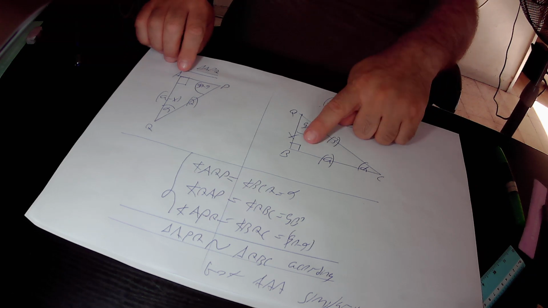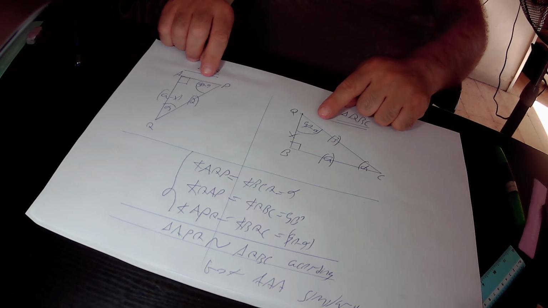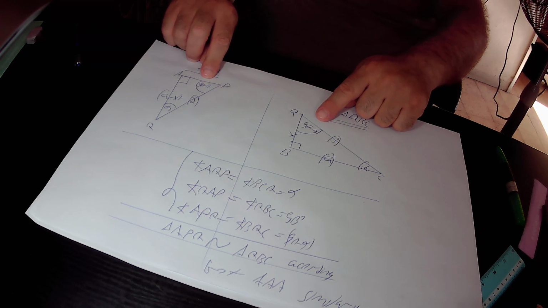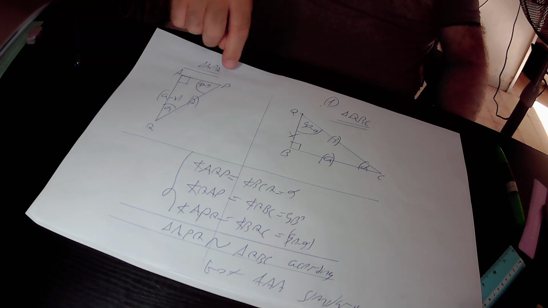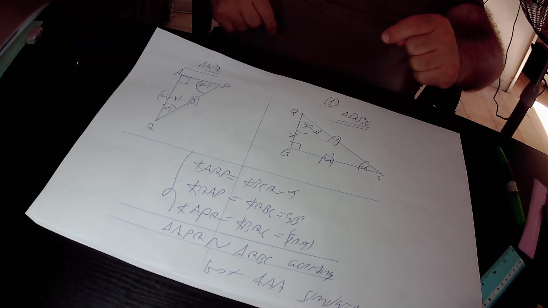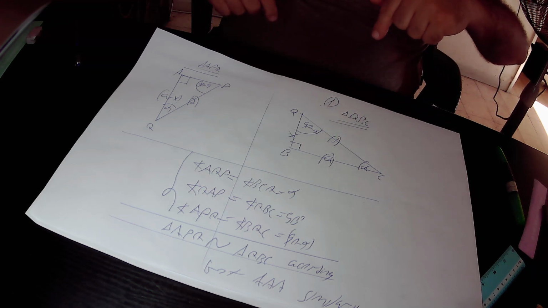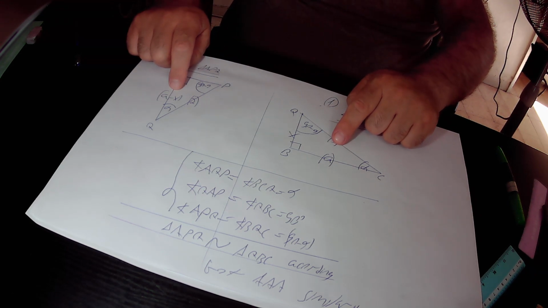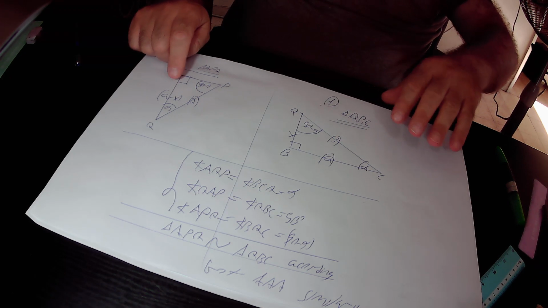In addition, those two angles are both equal to 90 degrees, therefore they are equal to each other. And finally, those two angles are both equal to 90 degrees minus alpha, therefore they are equal to each other. So we have proven that all three angles of the right triangle APQ are correspondingly equal to all three angles of this right triangle QBC, and therefore those two right triangles are similar to each other according to the angle similarity rule. And from the fact that those two right triangles are similar to each other, we derive that the following relationship exists between their sides.